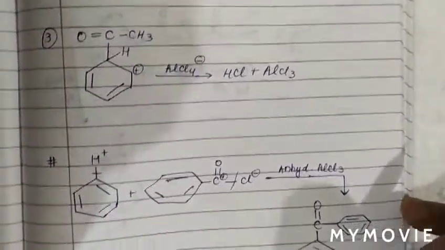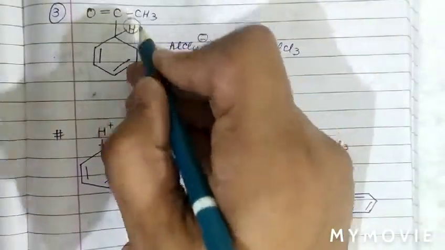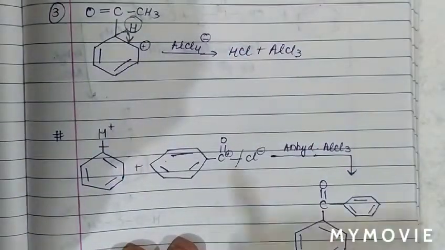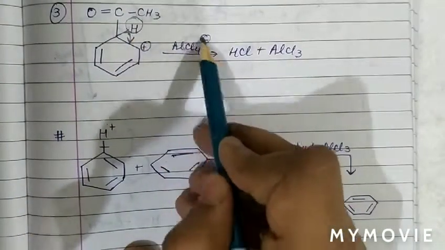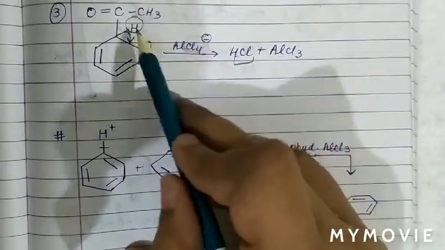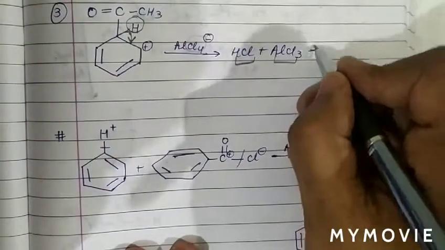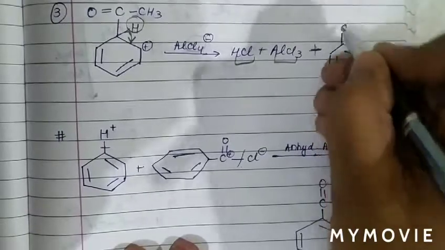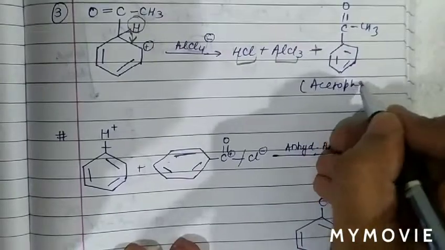In the final step this carbon-hydrogen bond breaks, then this electron pair will shift in between these two carbon atoms, and this H plus with Cl minus forms HCl, and AlCl3 is removed, and the final product we obtained is acetophenone. This is called acetophenone.